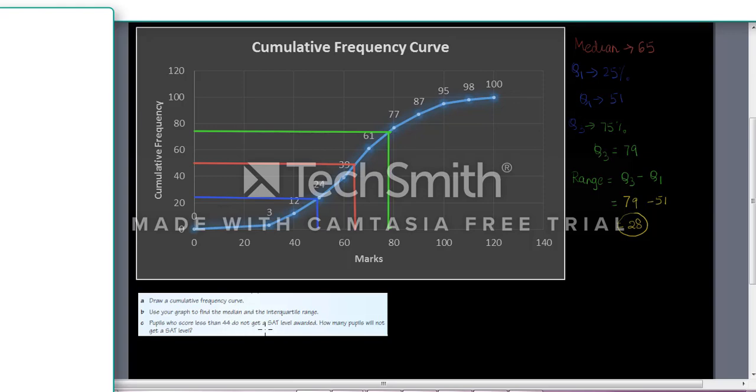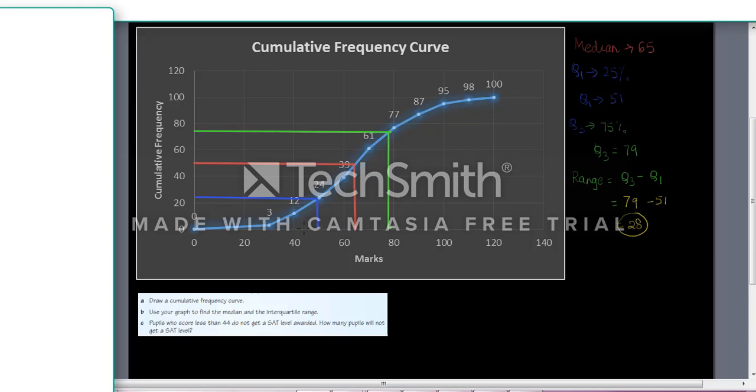So 44 would lie somewhere, this is a 50 maybe, or a little more than 50, so somewhere here. So a straight line onto the curve, and then again a straight line onto the y-axis.